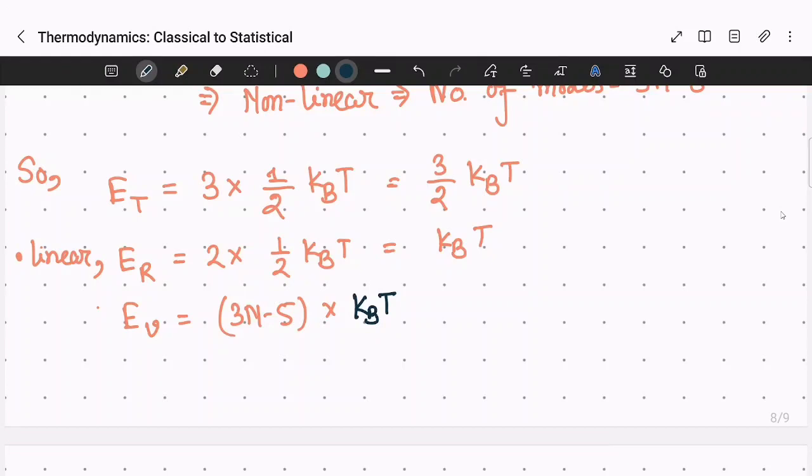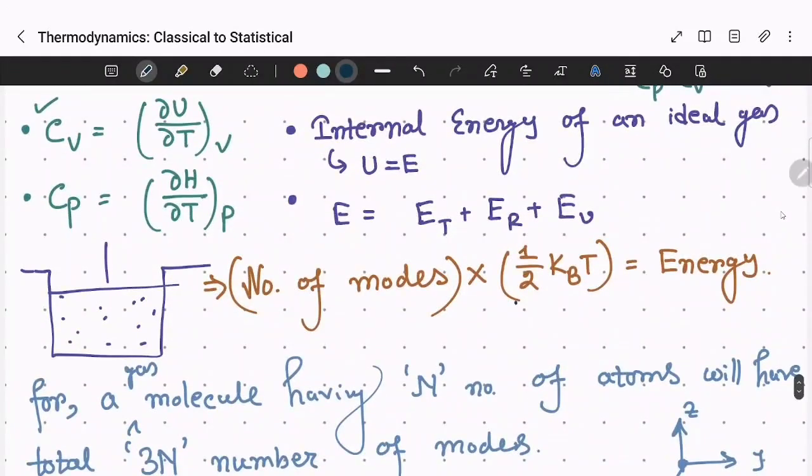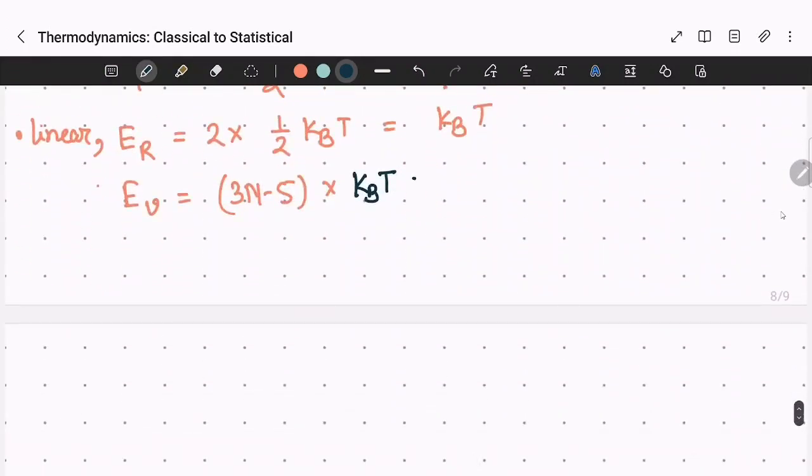I'm not getting into those details, but each mode will consist of kBT amount of energy, not half kBT. So this formula is not wrong. It is correct, but for vibration there are two types, that's why 2 will be multiplied, which gives us kBT. So it is 3n minus 5 kBT.